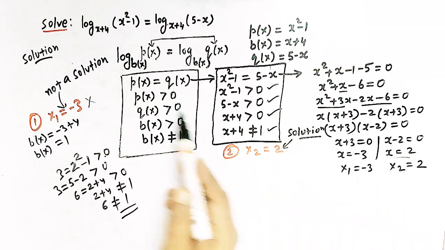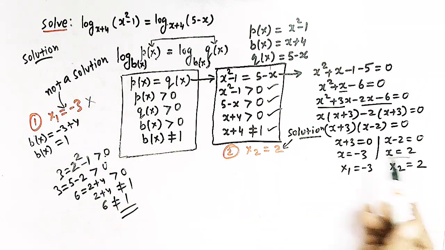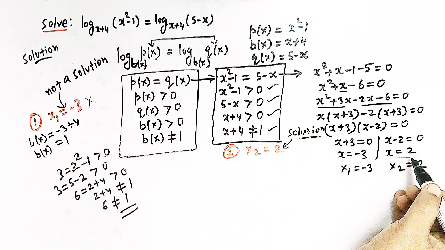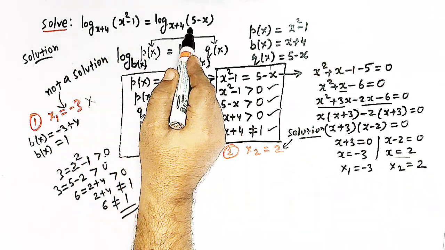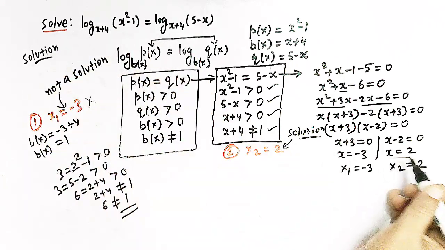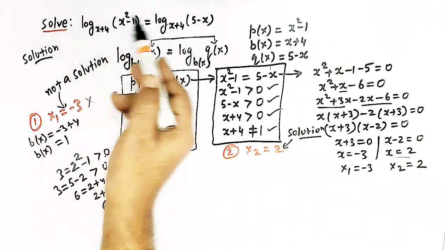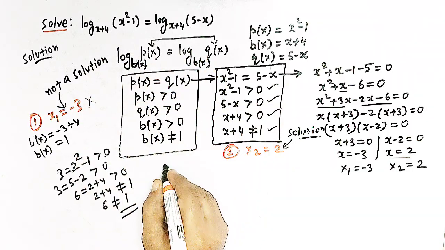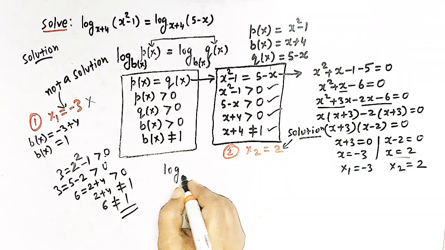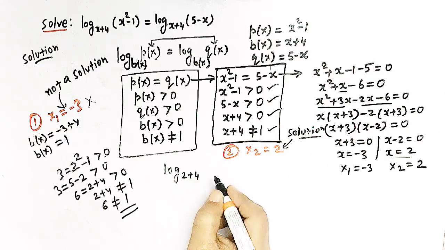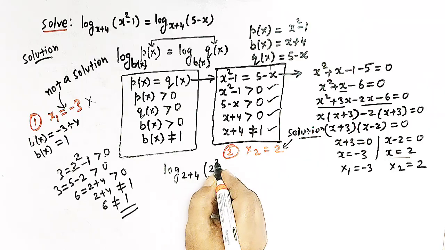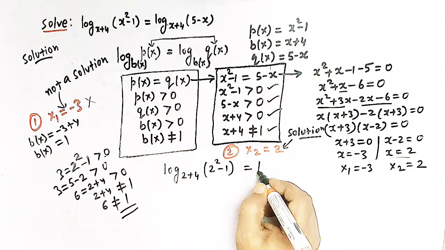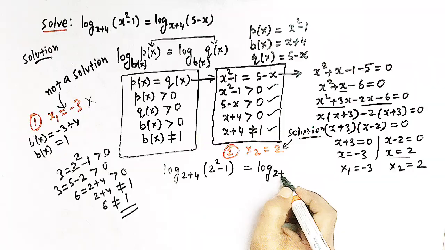So we can also verify that x is equal to 2 is a solution of this logarithmic equation by taking x is equal to 2 in this equation, right? So let us substitute x is equal to 2 in the left hand side and in the right hand side. So we have now in the left hand side a logarithm of 2 squared minus 1, with base 2 plus 4, and in the right hand side we have a logarithm of 5 minus 2, with base 2 plus 4.